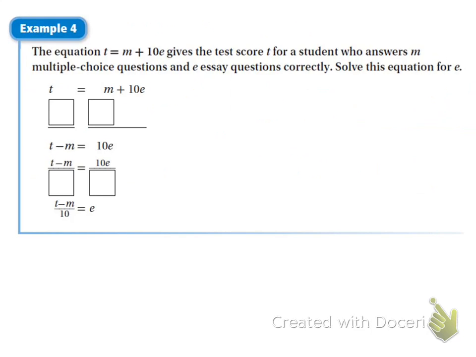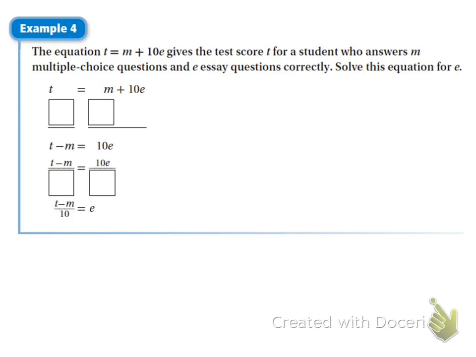Okay, this is your last example, example number 4. The equation t equals m plus 10e gives the test score t for a student who answers m multiple choice questions and e essay questions correctly. So solve this equation for e.